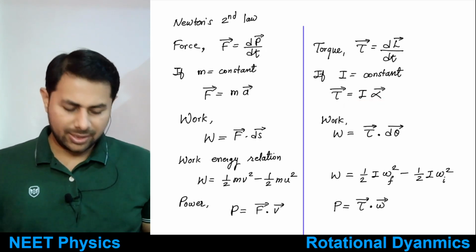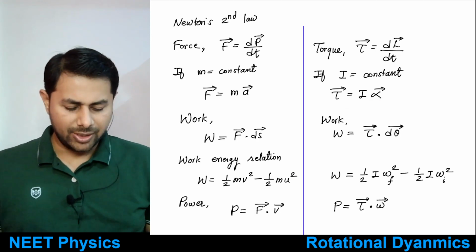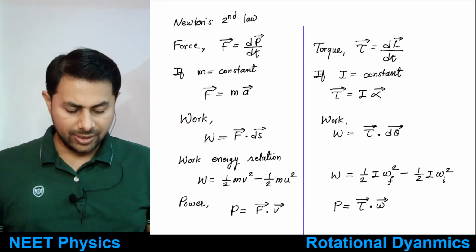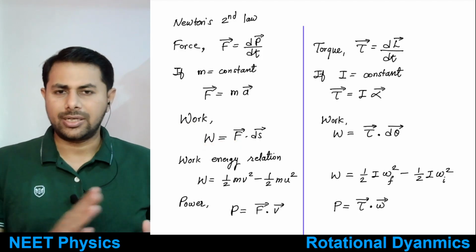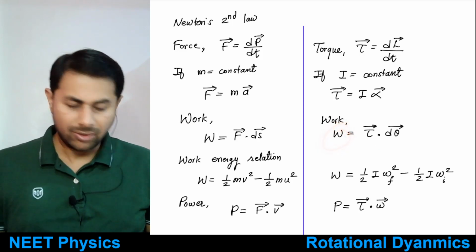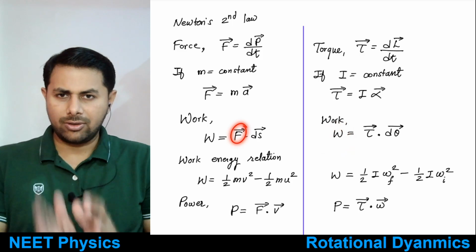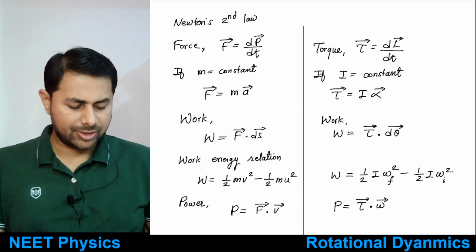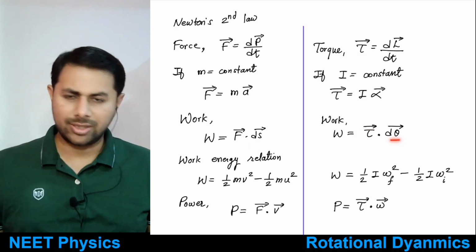Okay, and then we'll take this analogy one step further. Just like work done in linear motion is the dot product of force and displacement, work done in rotational motion would be equal to the analogous quantity of force, which is torque, and the analogous quantity of displacement, which is angular displacement.